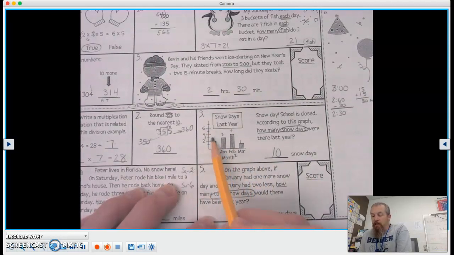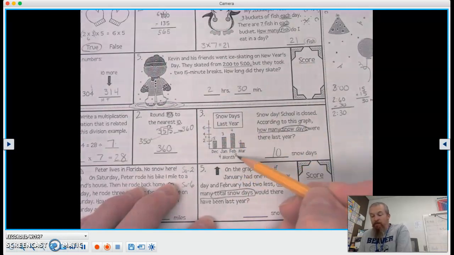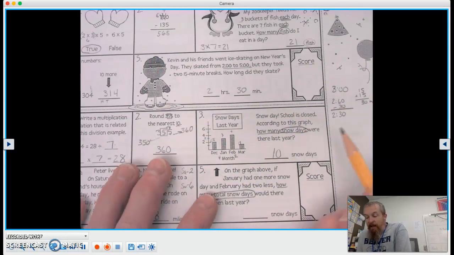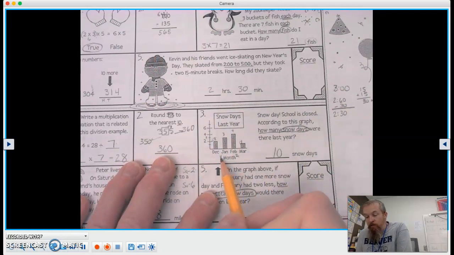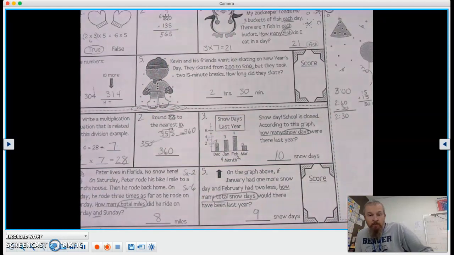The 2 doesn't change. The 1 doesn't change. The 3 goes to 4. The 4 goes down to 2. So we can still add them up. So 2 and 4 is 6, 7, 8, 9. 9 snow days.